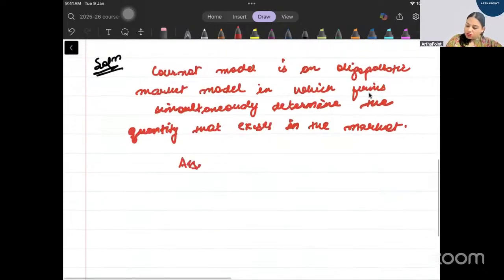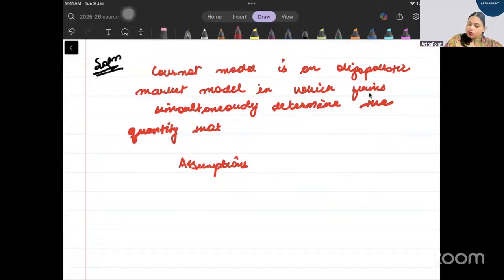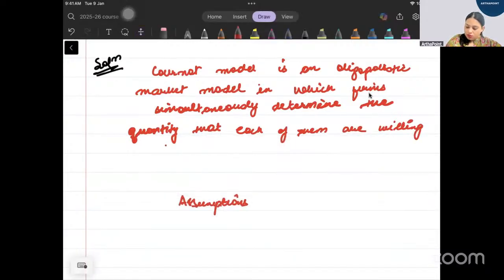Assumptions. Instead of the quantity that exists in the market, you can also say the quantity that each one of them is willing to sell. What quantity each one is willing to sell, that is also the Cournot model.